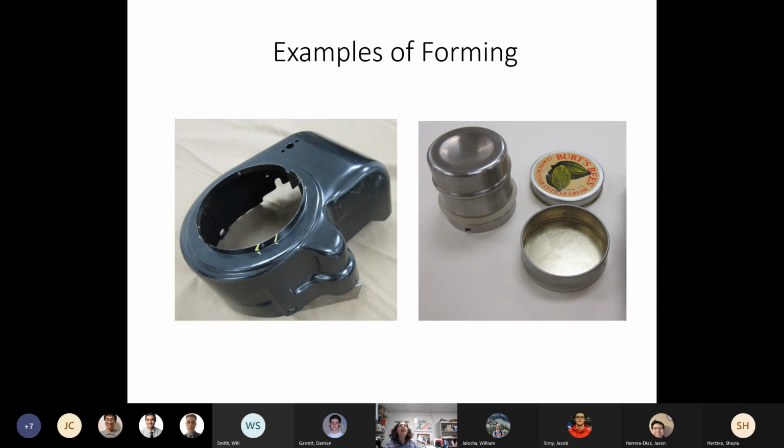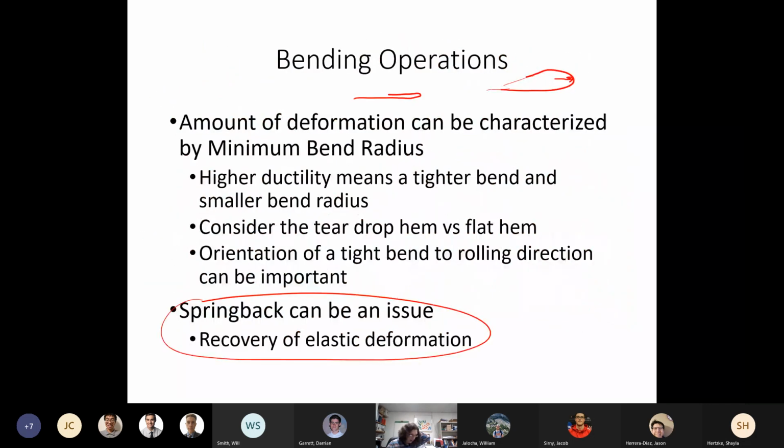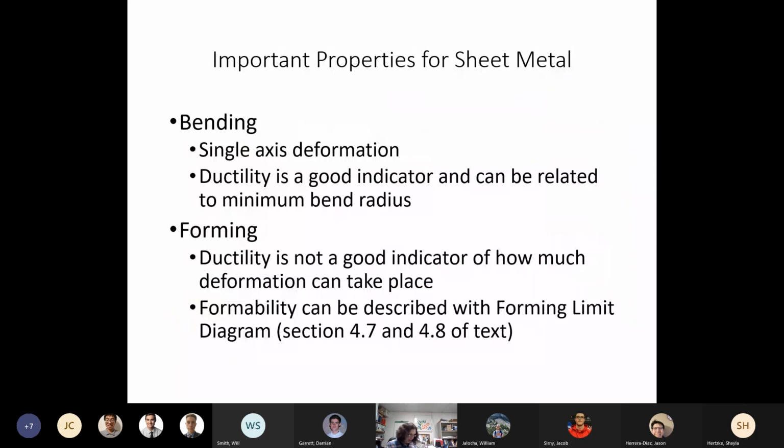So now let's move to forming. Forming is the more complicated of the deformation, and when we consider forming, we see that ductility is not the greatest predictor of whether or not we can do a particular operation.